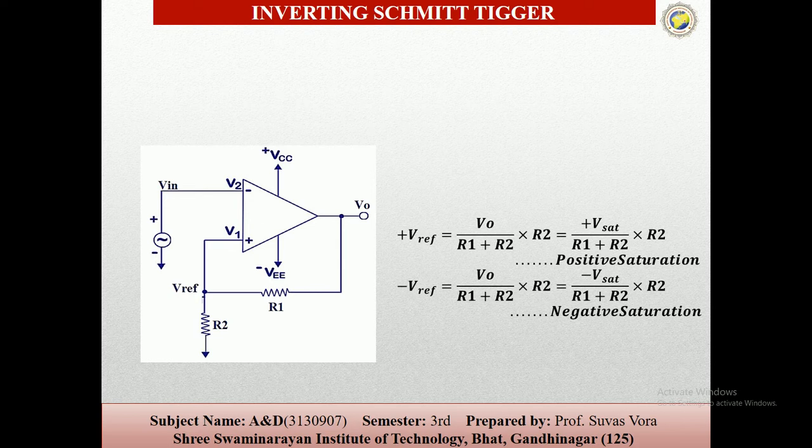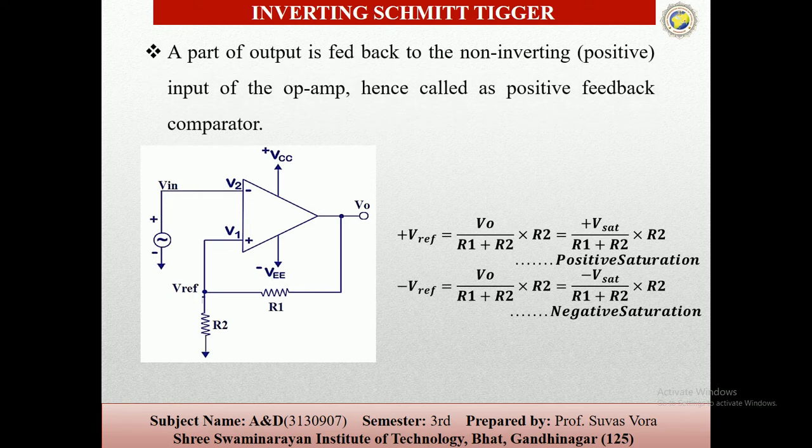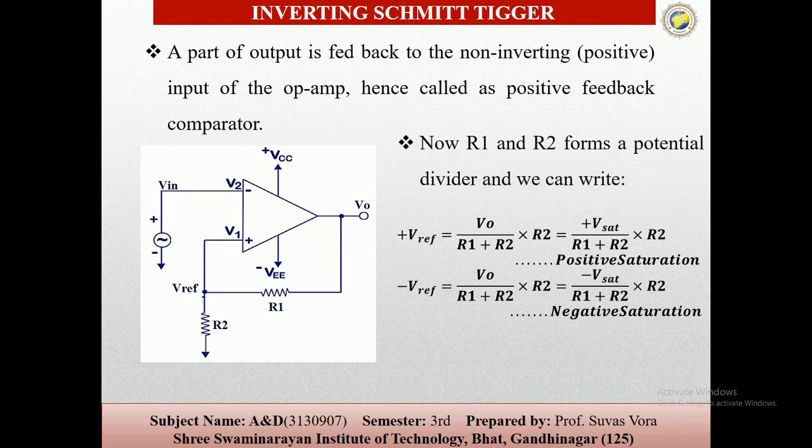So, the inverting Schmitt trigger. Part of the output is fed back to the non-inverting input of the op-amp, hence it is called the positive feedback comparator. You can see the figure here.